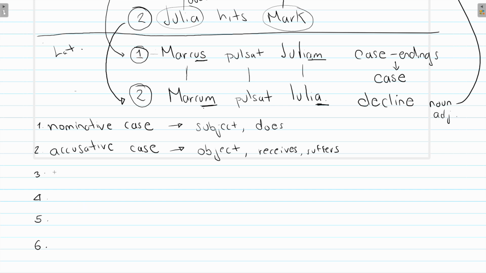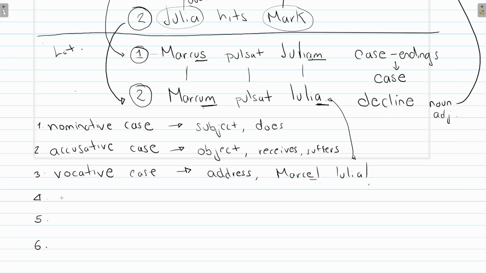So we have also the vocative case, which you use to address someone. For example, that would be "Marce" and "Julia." Notice that it remains the same for Julia, but it changes for Marcus. Don't worry too much about that case.